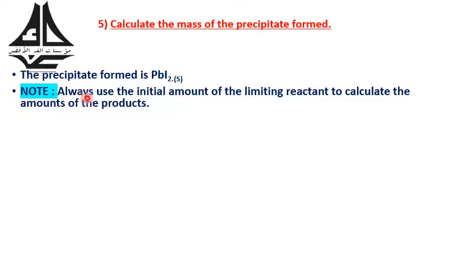Note, always use the initial amount of the limiting reactant to calculate the amounts of the product, simply because the initial amount of the limiting reactant is totally consumed. Okay, and as we have said before, the number of mole initially found of the limiting reactant is equal to the number of mole reacted of that limiting reactant, simply because the limiting reactant is reacted completely.